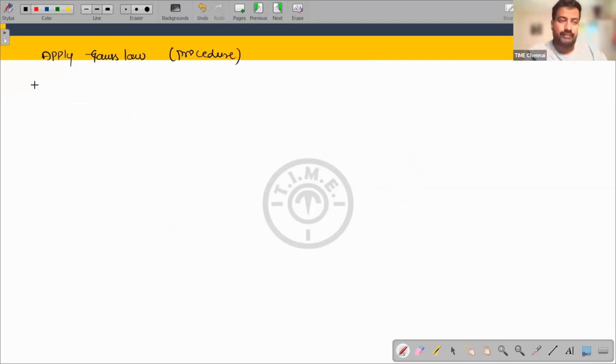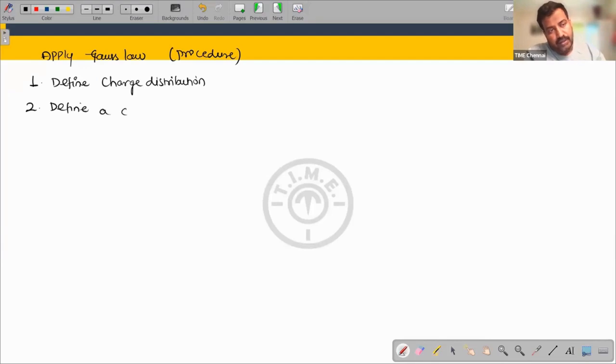The first thing you need to do is define the charge distribution. Second, we need to define a Gaussian surface.